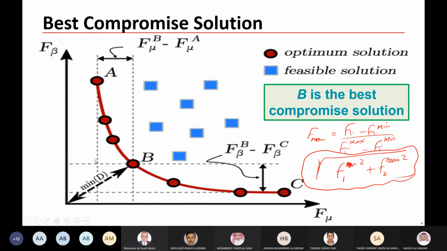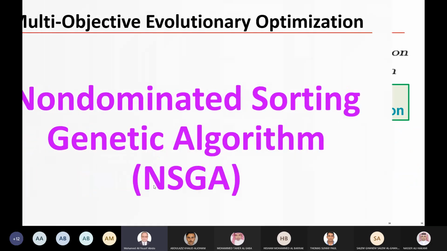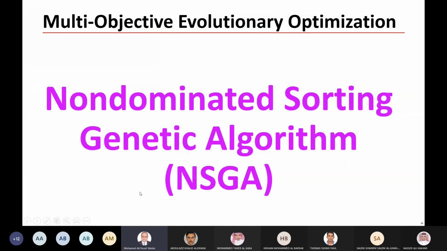Yes, thank you. Let us move now to the multi-objective optimization techniques. Actually, there are several methods for the multi-objective evolutionary techniques. One of them is the non-dominated sorting genetic algorithm, NSGA. NSGA has another, advanced version, which is NSGA2.